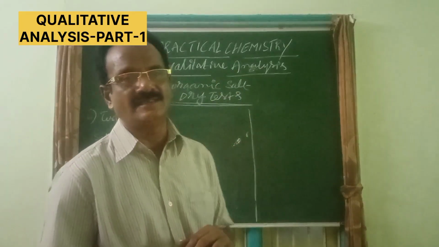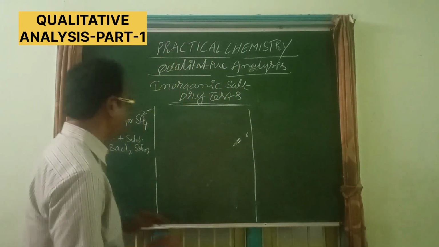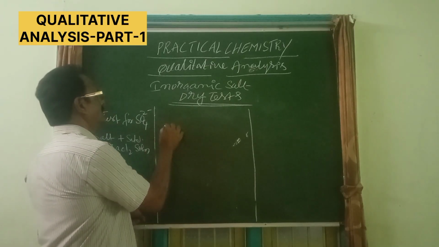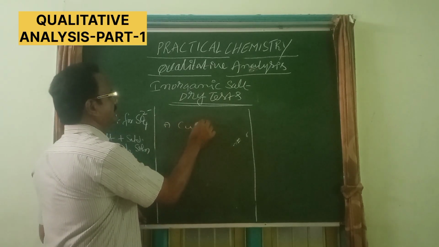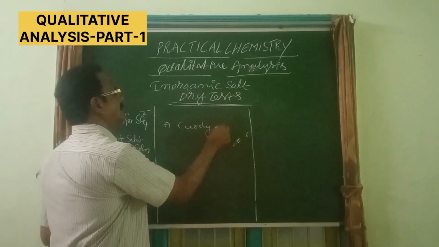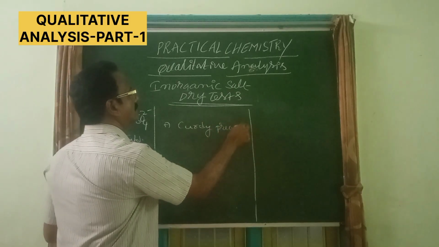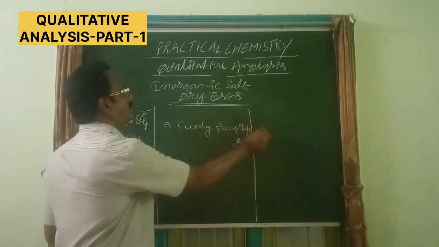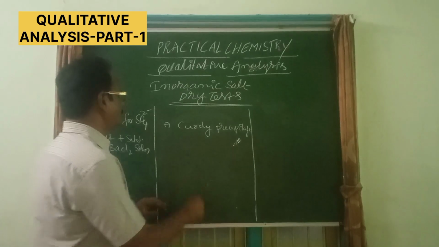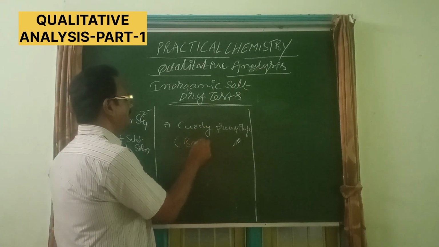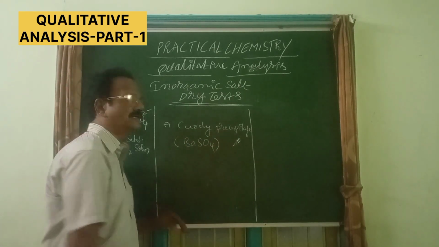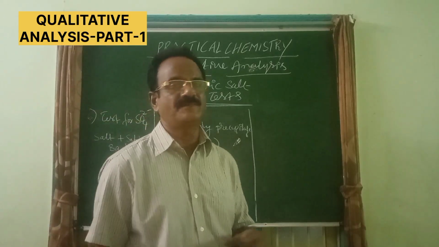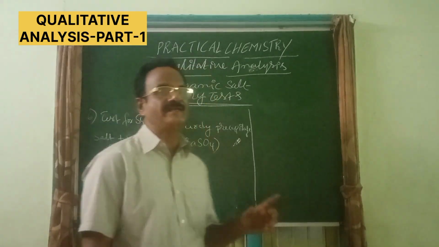So when the supernatant of the saturated barium chloride solution is added to the salt present in the test tube, then if you get a curdy precipitate, that precipitate is to be considered as barium sulfate precipitate. A curdy precipitate, that precipitate is due to formation of barium sulfate.